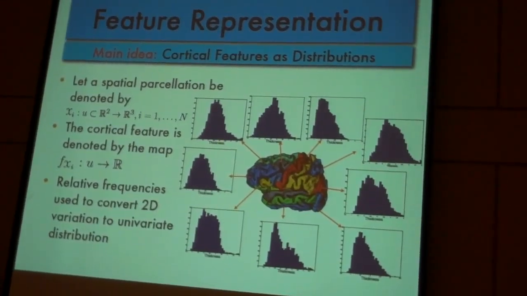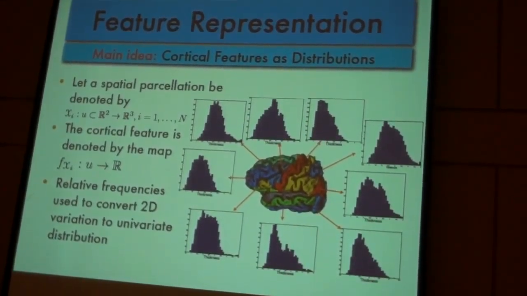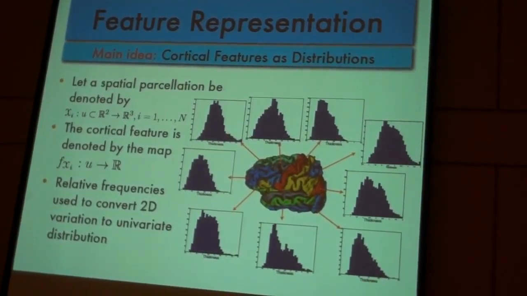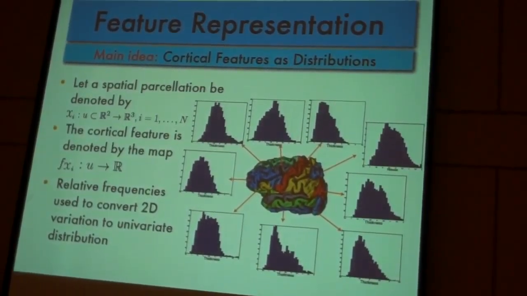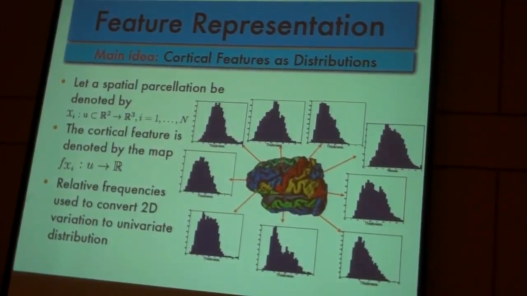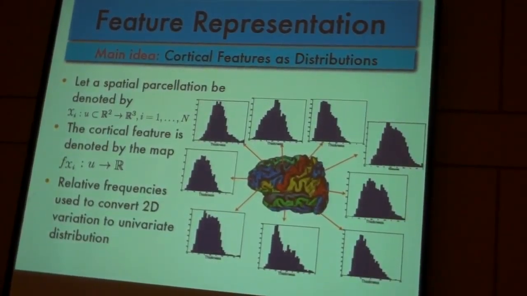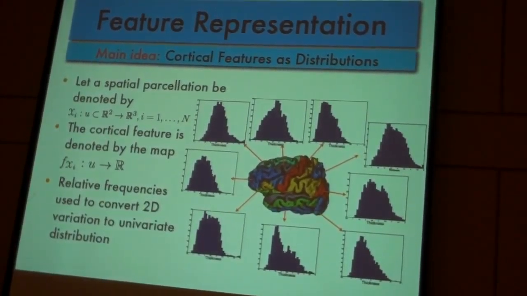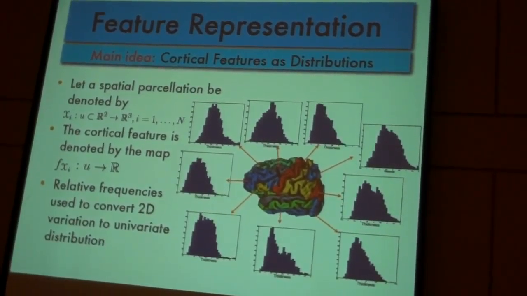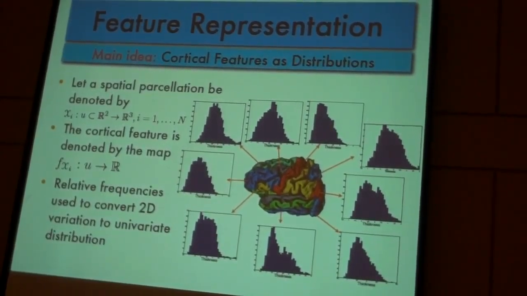So you have a cortical surface parcellated into different regions, and you can denote a spatial parcellation by a map from R2 to R3. It's a simple geometric representation. And so the cortical feature is the scalar function projected on this 2D domain, and it can be thickness, volume, whatever you want.